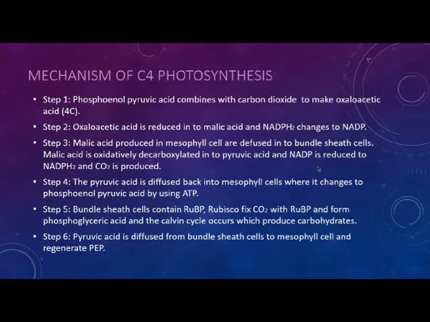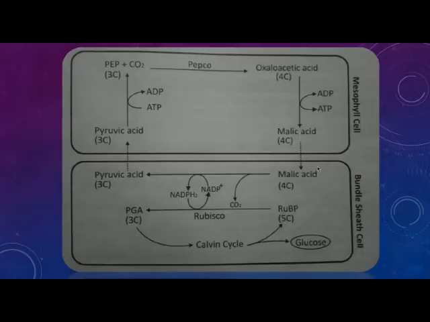Now we can look at the mechanism of C4 photosynthesis. Step 1: phosphoenol pyruvic acid combines with carbon dioxide to make oxaloacetic acid. We can see in the diagram that phosphoenol pyruvic acid is combining with carbon dioxide. The PEPCO enzyme is involved.